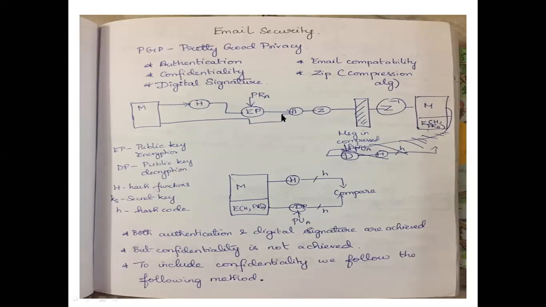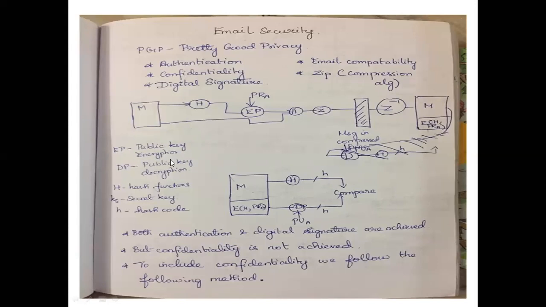This hash code, in encrypted form, and the message are compressed together using the compression algorithm Z, and that is sent to the receiver side. On the receiver side, Z inverse, which is nothing but decompression, takes place, and once decompression is done, you get the message and the encrypted hash code sent from the sender. Now the hash function is applied on the message, and the sent hash code is also decrypted, and both are compared. Here, EP is nothing but public key encryption.